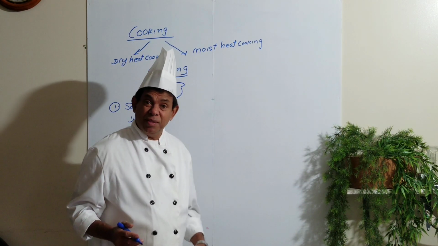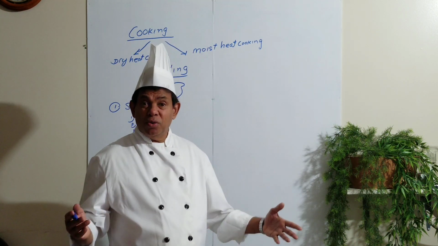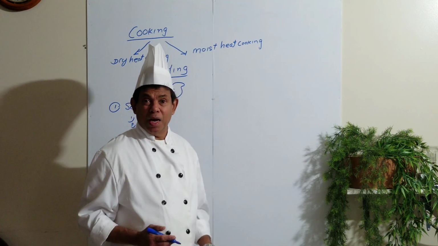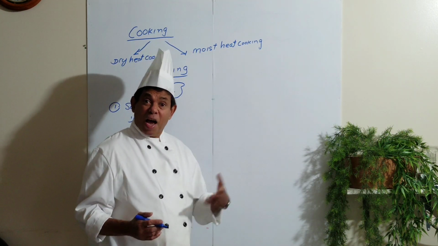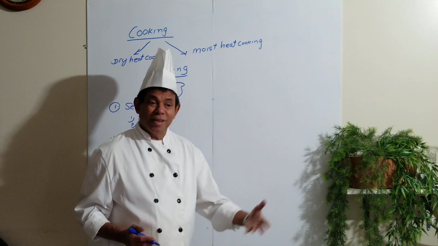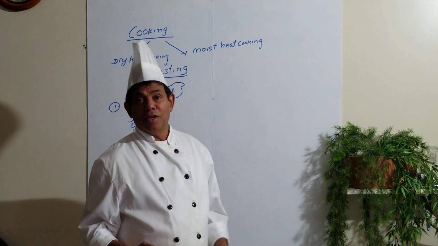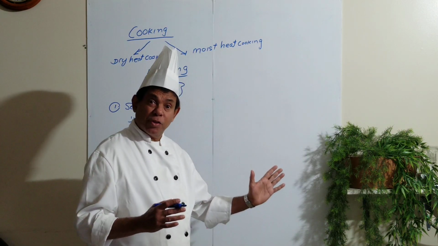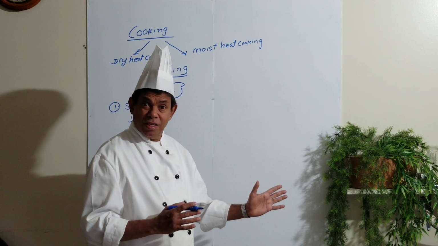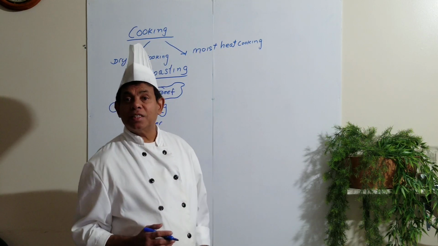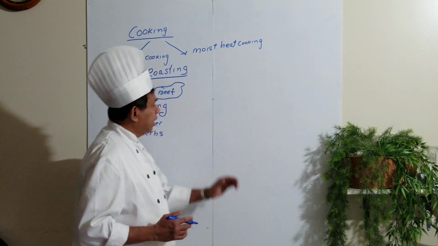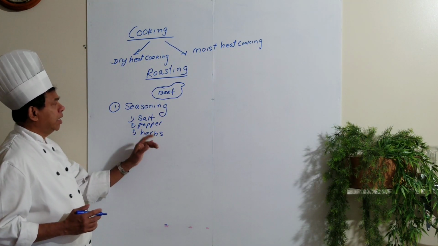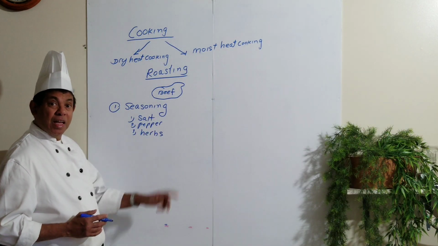You can use basil, oregano, thyme, rosemary, a lot of herbs we have. It depends on whatever you decide, on the meat you take, use the necessary herbs. So now we use salt, pepper, herbs under the seasoning.